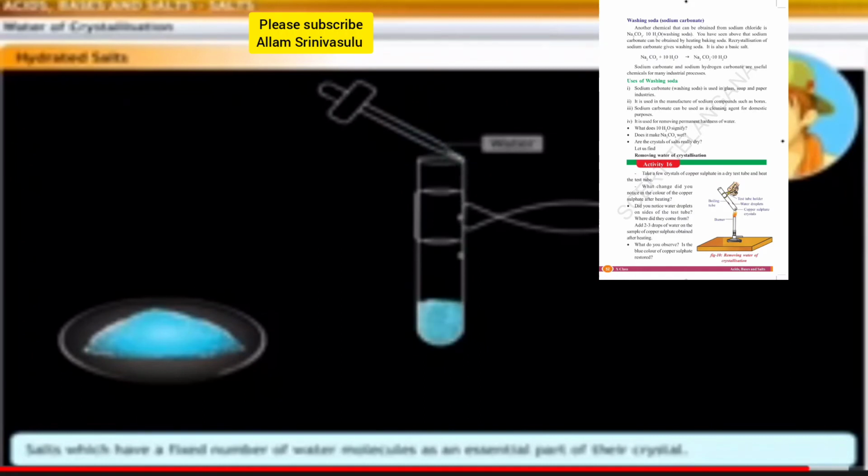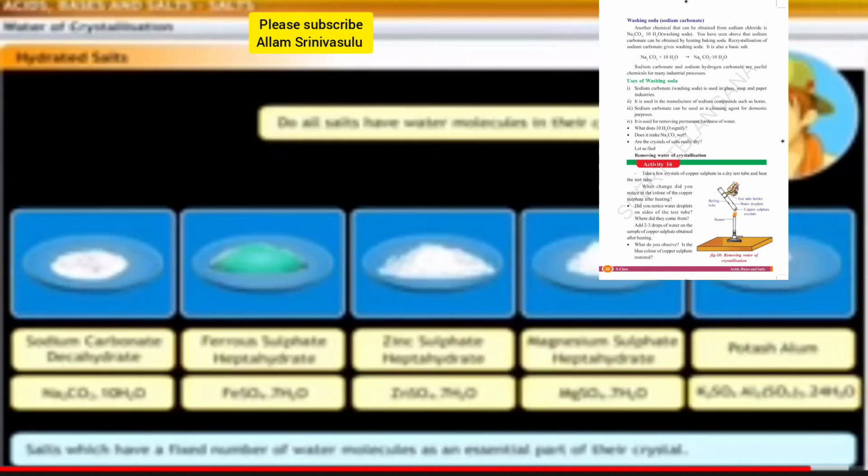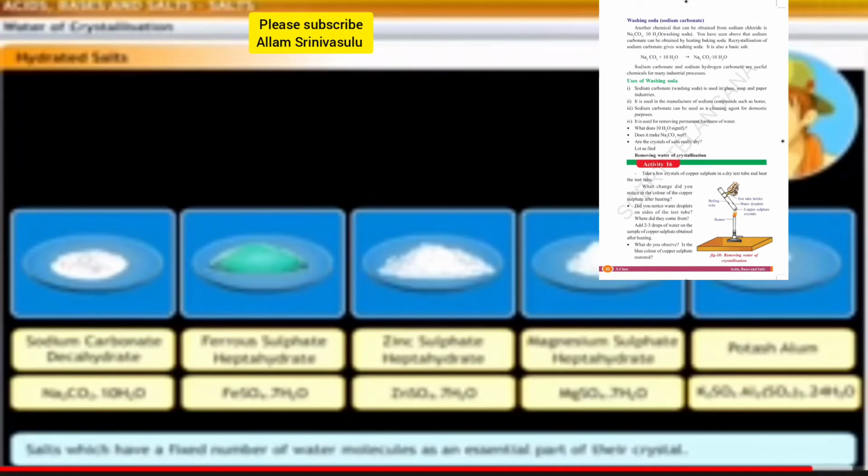Now if we add water again, the bluish color reappears. So there is a change in color. This is the crystallization process. Different solutions form crystals, and different colors are presented.